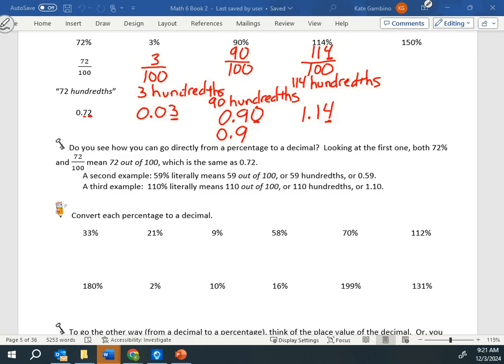So 114% is over 100%. So if it's over 100%, we're going to have a number in the ones place because it's more than one whole. 150%, what would that fraction look like? Helen?